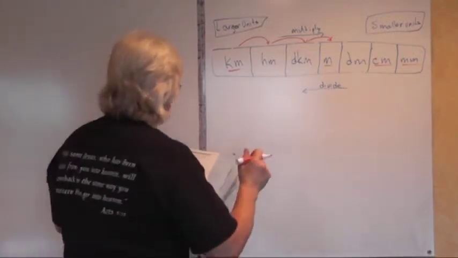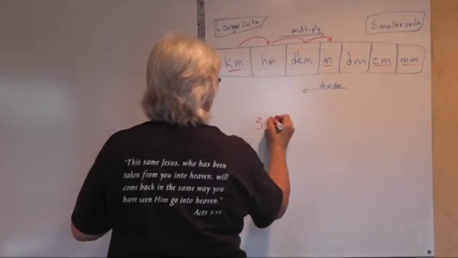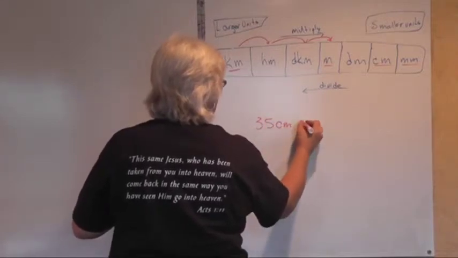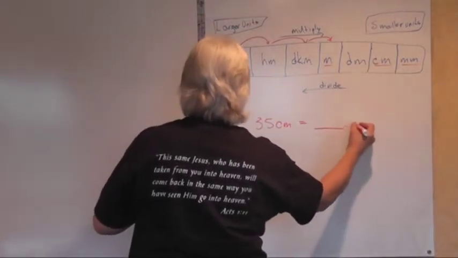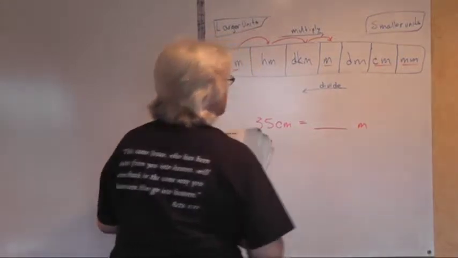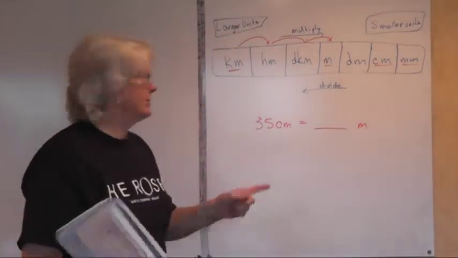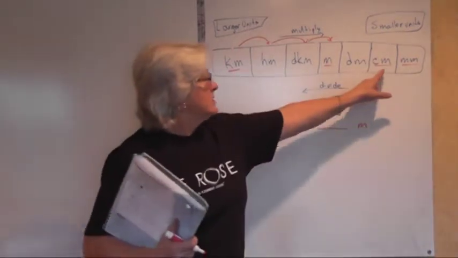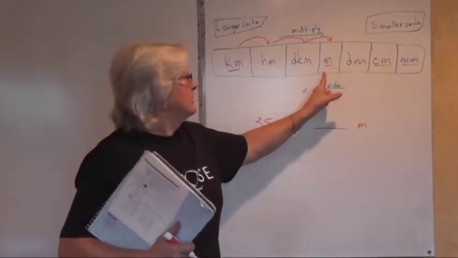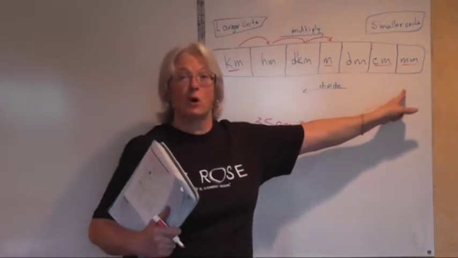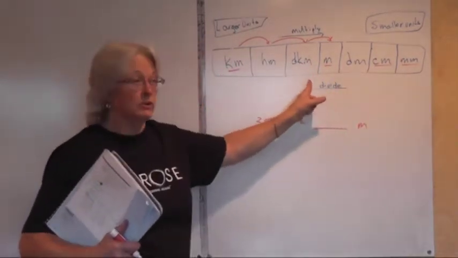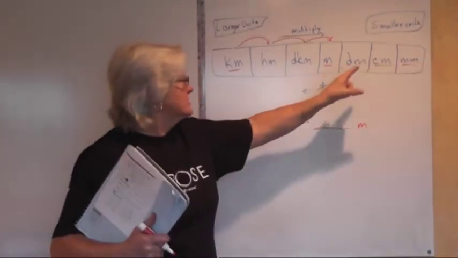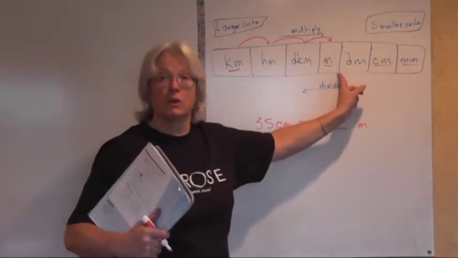Okay, we have 35 centimeters is equal to how many meters? What are we doing? We're moving from smaller units to larger units. What are we going to do?